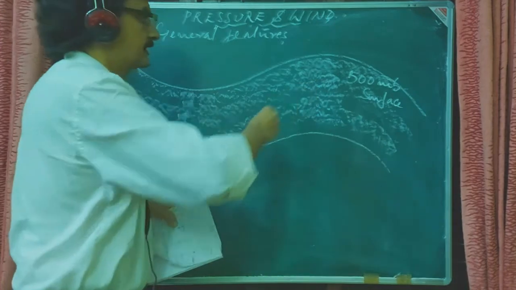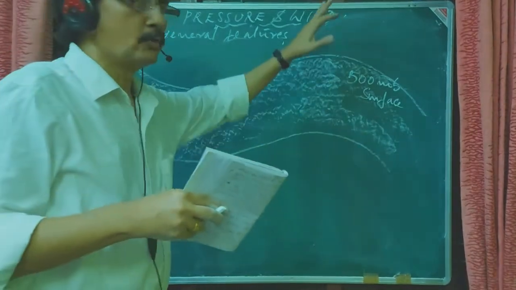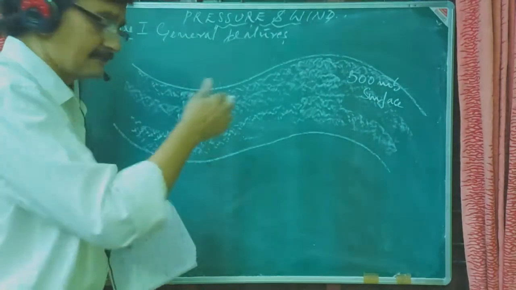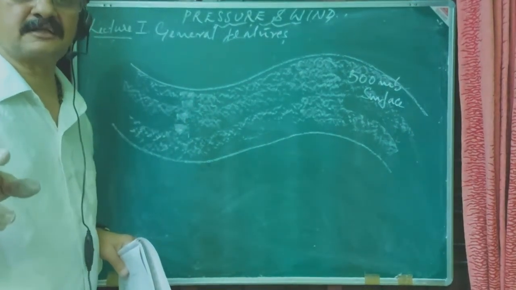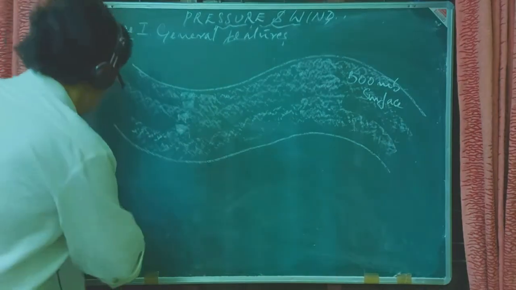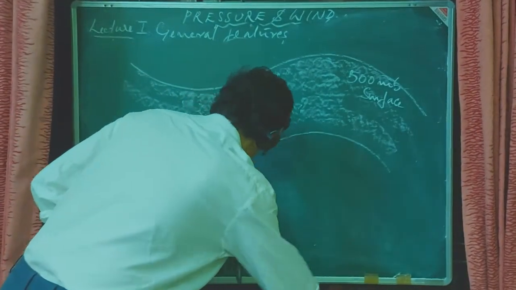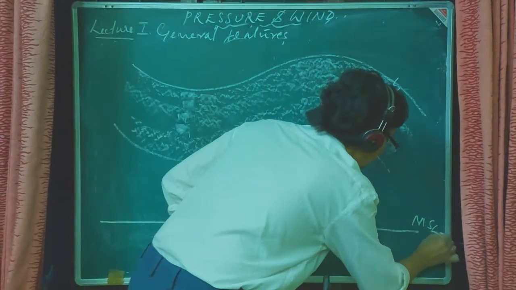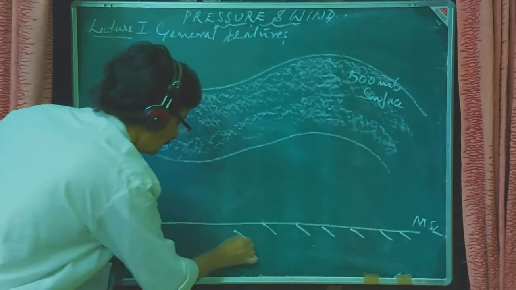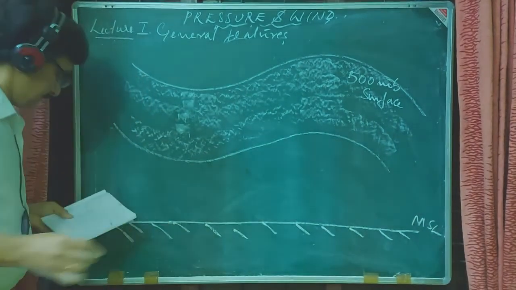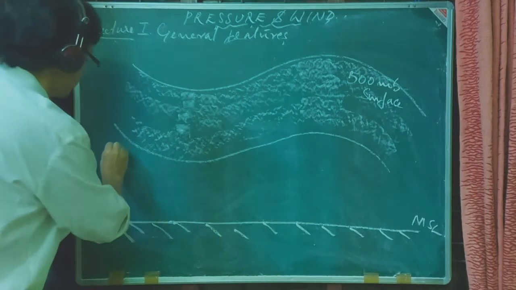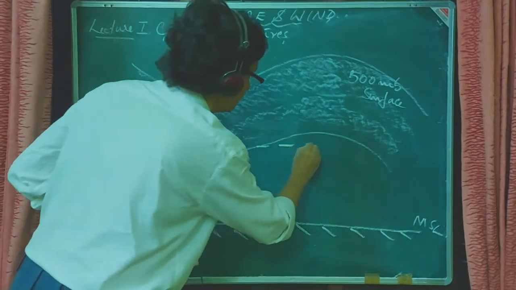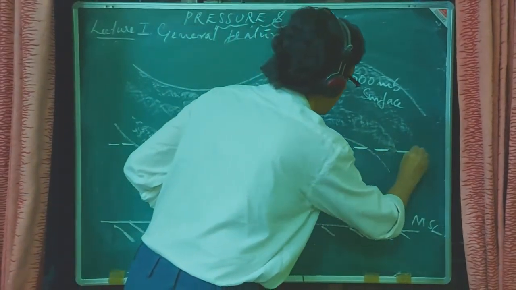No doubt the 500 millibar surface is above our surface, the mean sea level, where the pressure is 1013.2 millibar. In this surface I am taking a particular level.